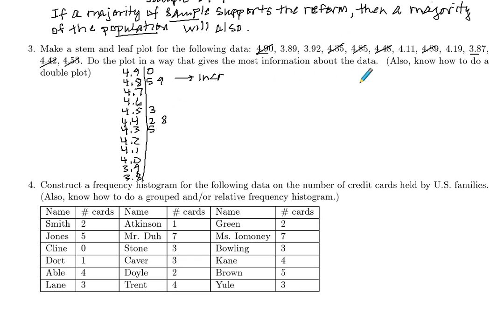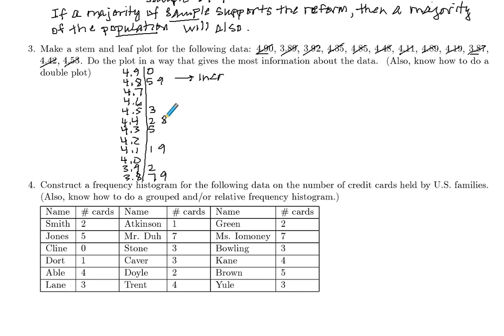I don't see any 4.2s. 4.1s, we've got a 4.11 and 4.19. So we'll have a 1 and a 9 as our leaves. So a gap and then 1 and 9. I don't see any 4.0s. 3.9 here, 3.92, so a 2 here. And 3.89 and 3.87. So we're going to have a 7 and a 9 to finish up.